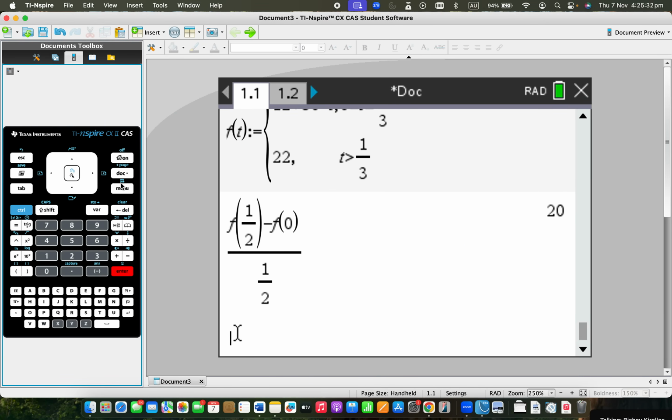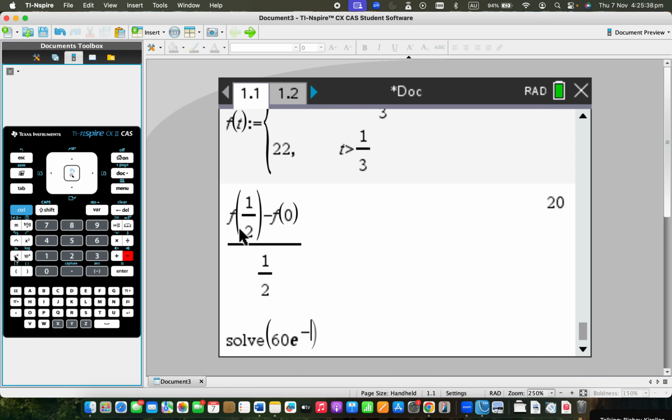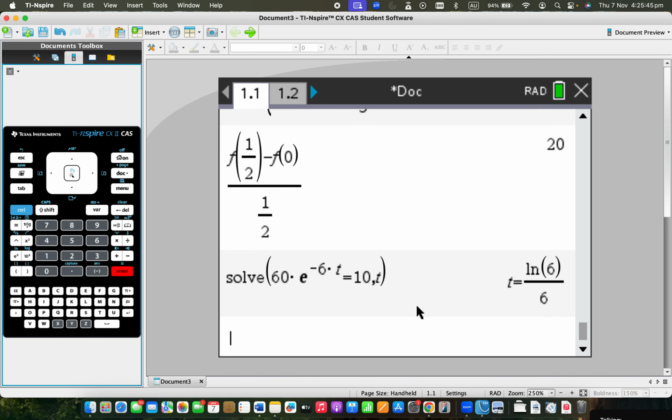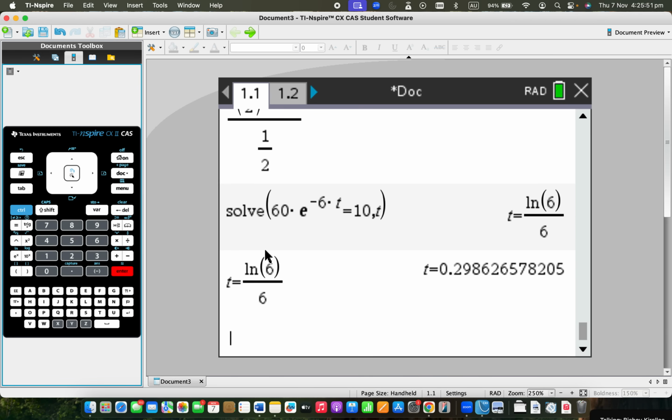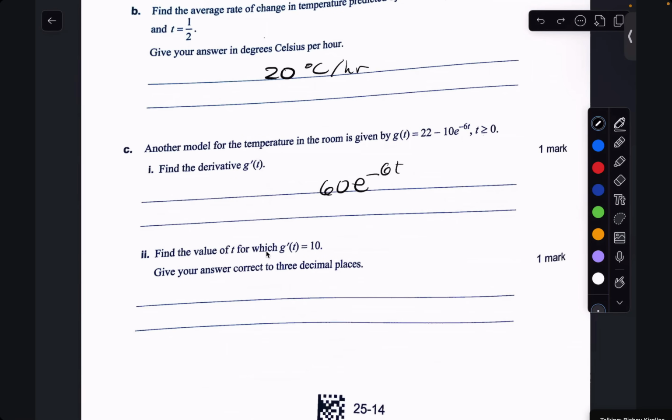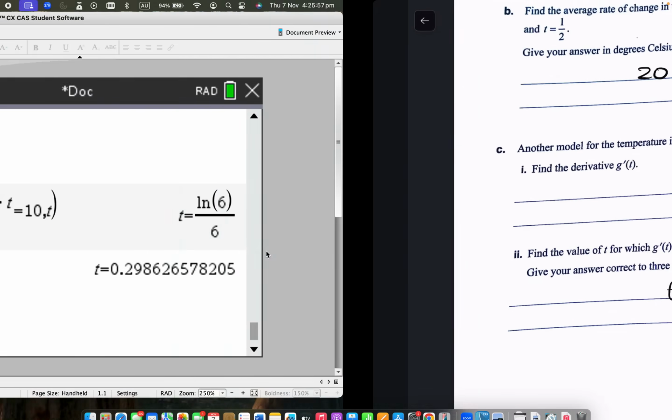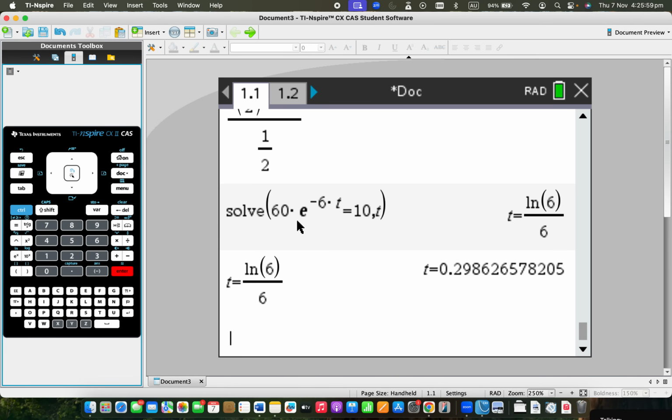So menu, 60 e to the power of negative 6t is equal to 10, comma t. So that's ln, 3 decimal places. 0.299. Yeah.